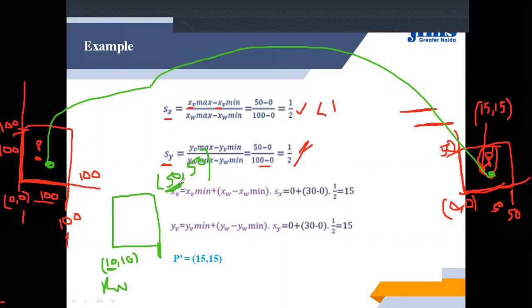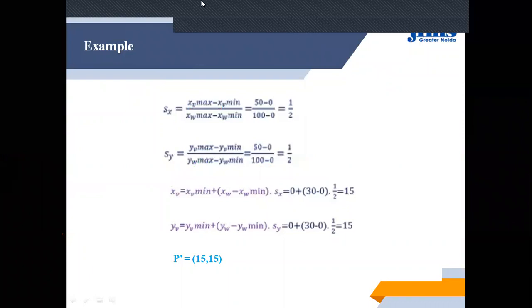So by any means we have to find out the values of XW max and XW min, YW max and YW min. Same in case of viewport, XV max and XV min, as well as YV max and YV min.